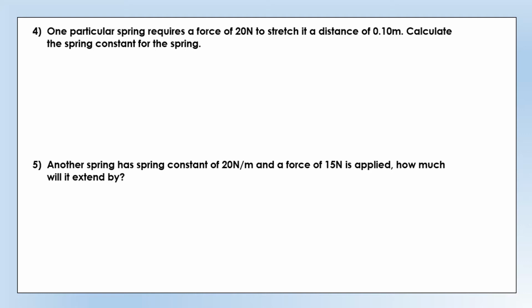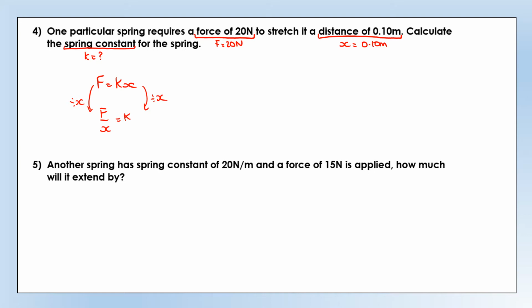One particular spring requires a force of 20 newtons, so we've been given F in our equation, to stretch it a distance of 0.10 meters, so we've been given extension. Calculate the spring constant. So we want to find out what k is. Here's our equation. Because we want to find k, we're going to rearrange the equation to make k the subject, by dividing by x, just like we did before.